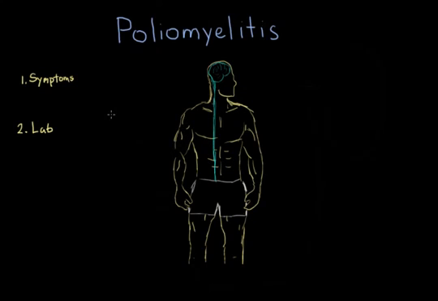So, first of all, before we talk about the active polio infection, what are the symptoms we can see? Well, the buzzword that you're going to encounter for polio is acute asymmetric flaccid paralysis. So, a patient is having an acute infection. It's a sudden onset.